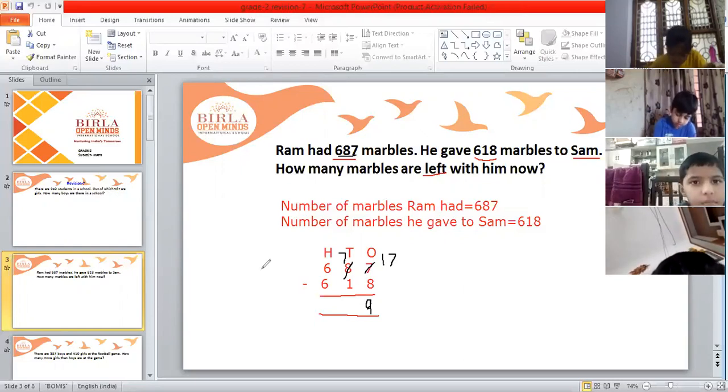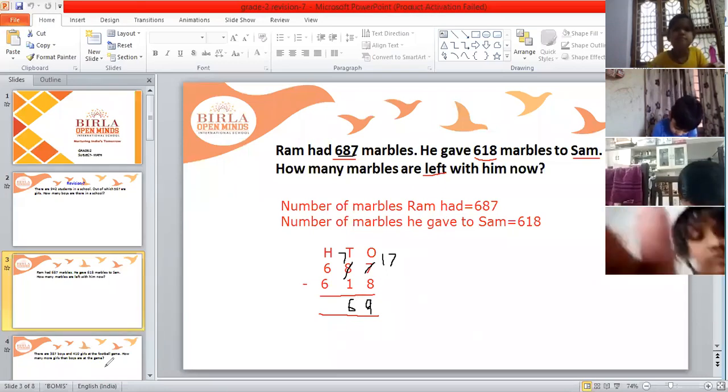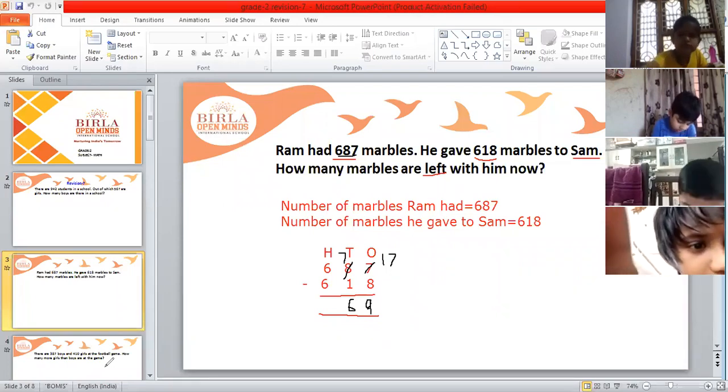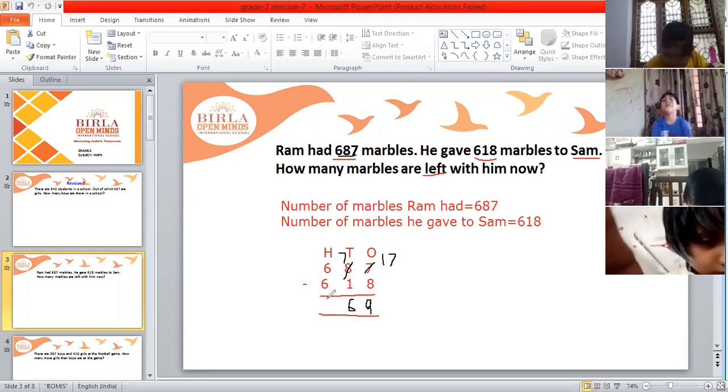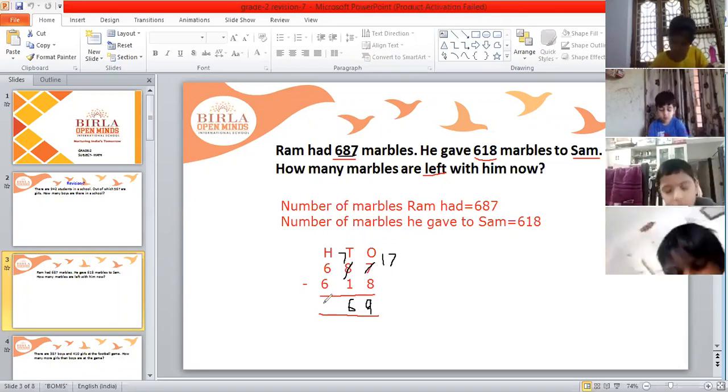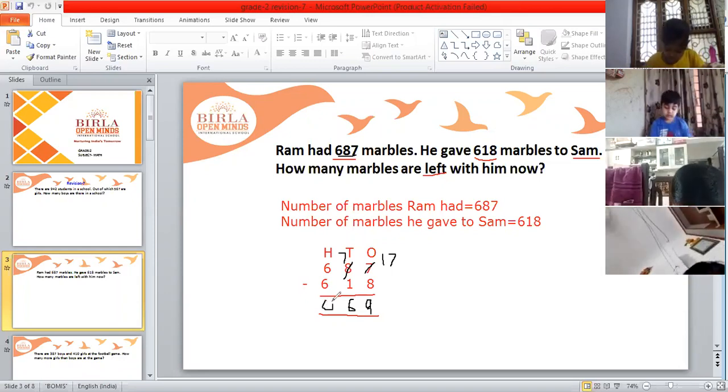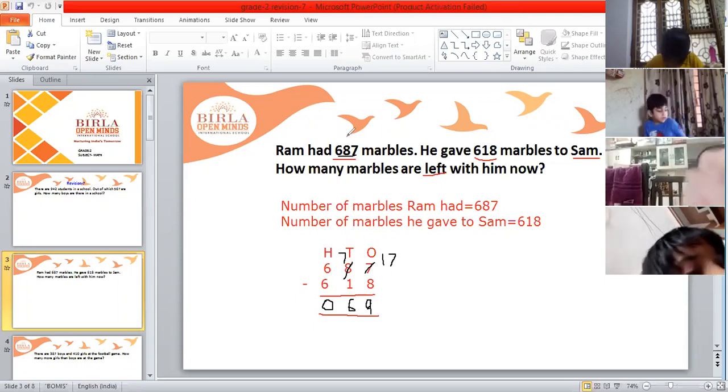So 7 minus 1 is 6. So we will write 6 in tens place. ABK Ganesh, you tell me 6 minus 6, how much? 0. Okay, that's correct. 6 minus 6 is 0. Whenever you are subtracting a number from itself, answer is 0. Okay, so answer is 69.